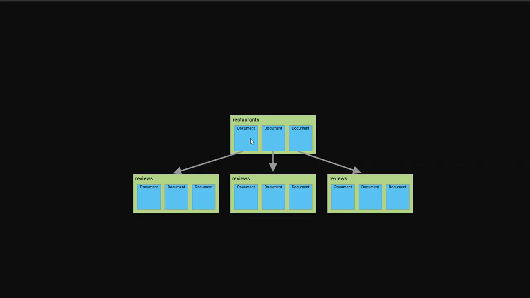Each document can have multiple collections. Let's say this restaurant has one branch, denoted by the document, and that branch can have multiple collections, and those collections can have multiple documents. This is the hierarchical way of storing data in Firebase Cloud Firestore. This is how we are going to access and store the data in Firebase Cloud Firestore, right?